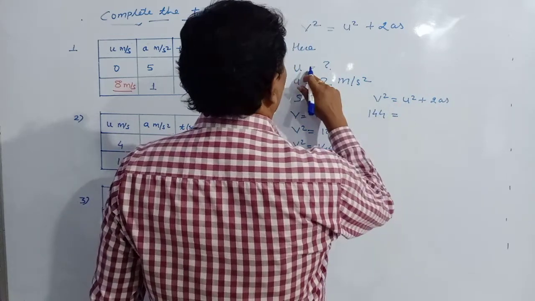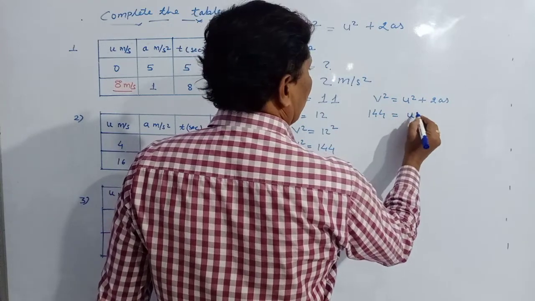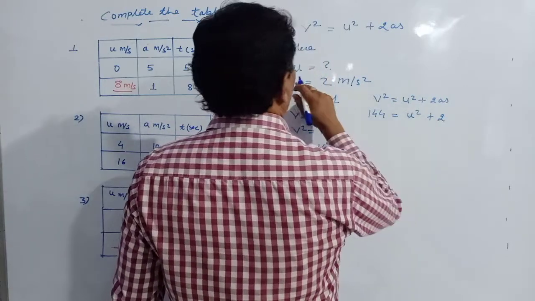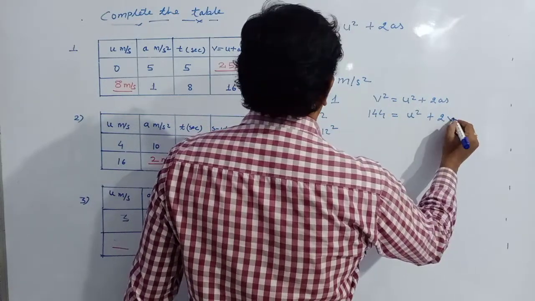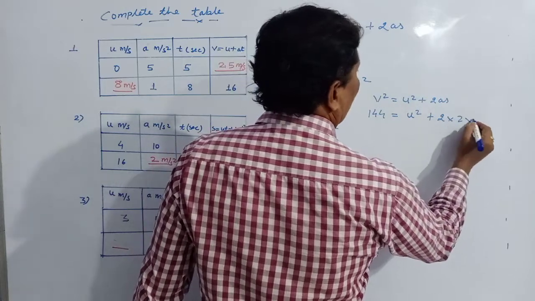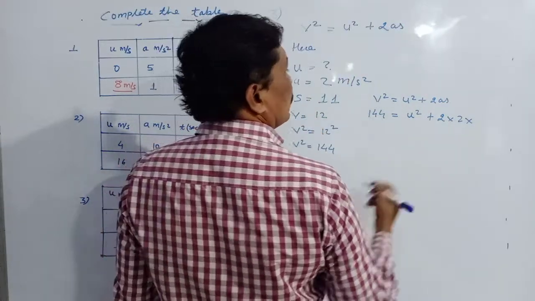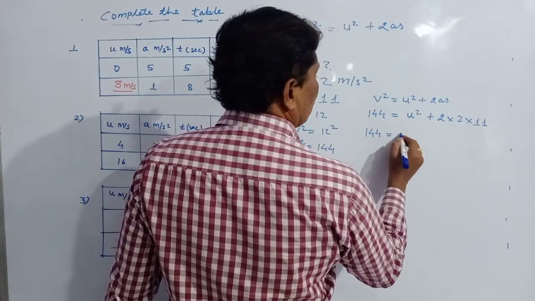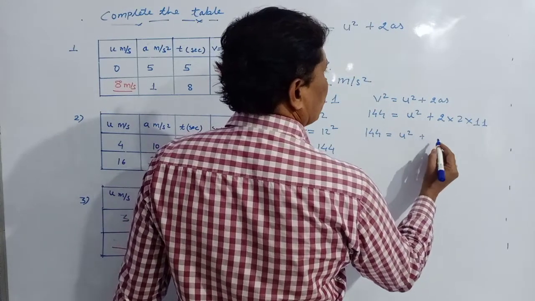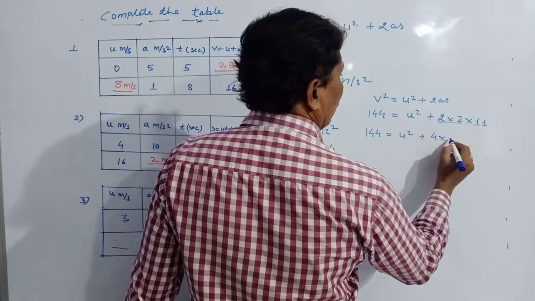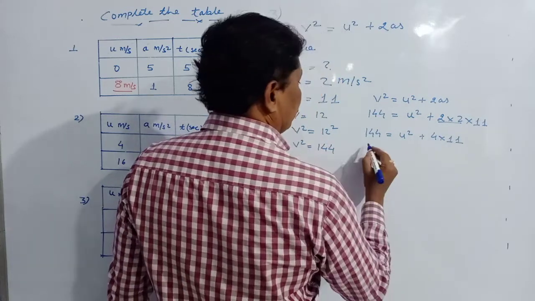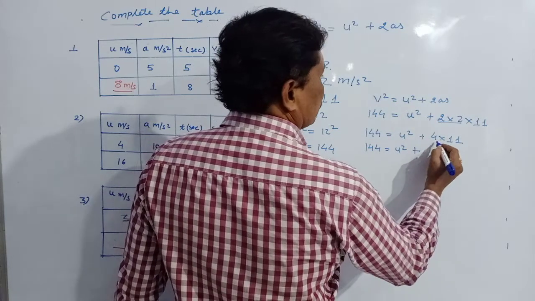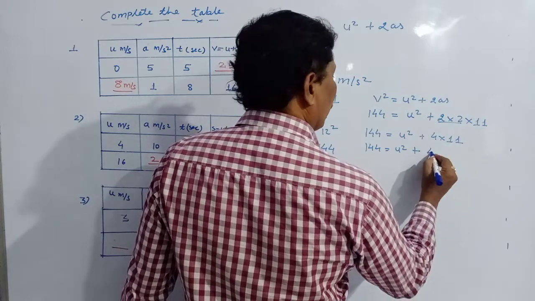144 is equal to U. We don't know, so we'll keep U as U square plus twice A into displacement 11. 144 is equal to U square plus 2 into 2 into 11. 144 is equal to U square plus 4 into 11 is 44.